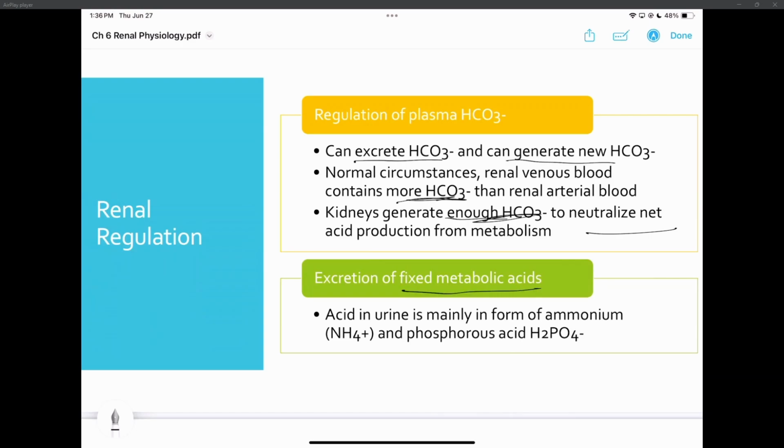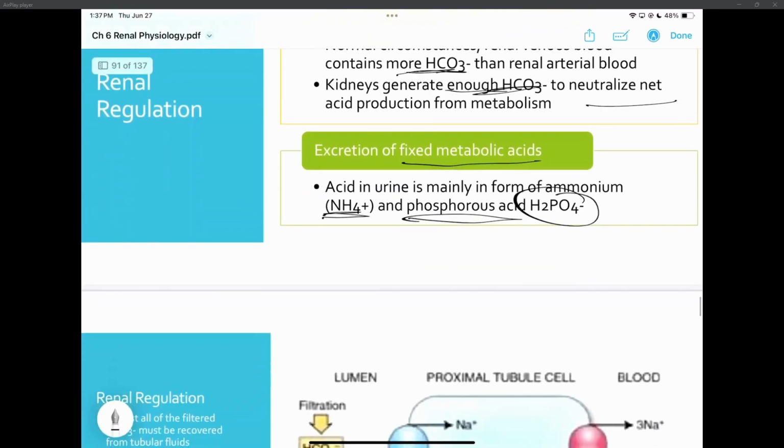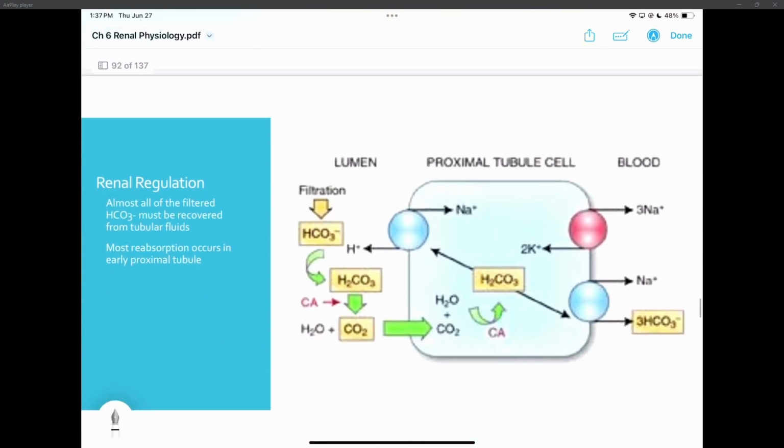Acid in the urine is mainly in the form of ammonium, NH4, and here's your phosphoric acid, H2PO4 minus. These are fixed acids that, if our blood is too acidic, we can get rid of to reduce the acidity of the blood. These are a couple of things our kidneys can do to help reduce or increase the pH.